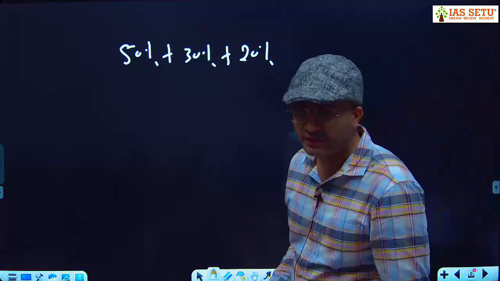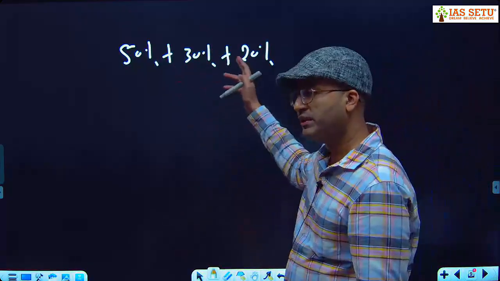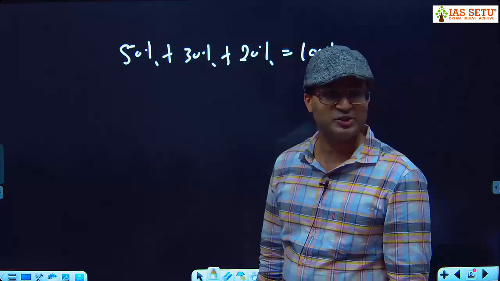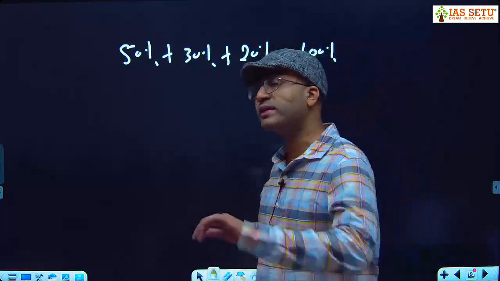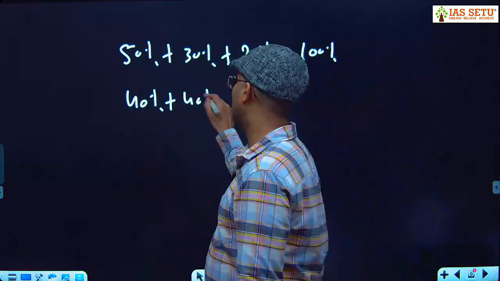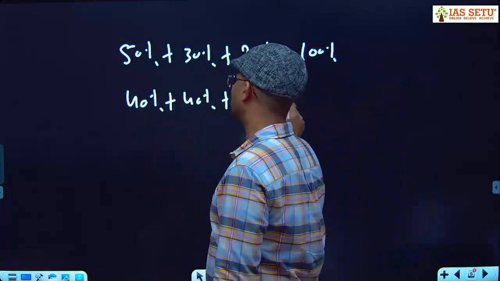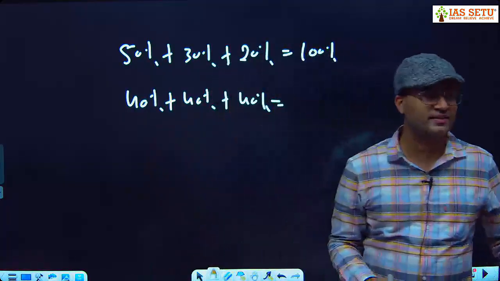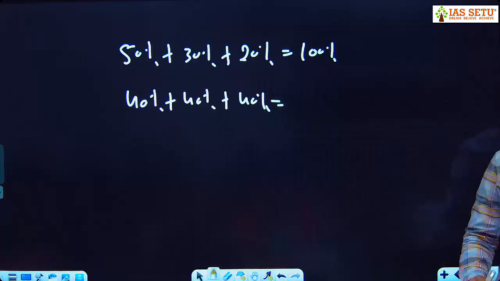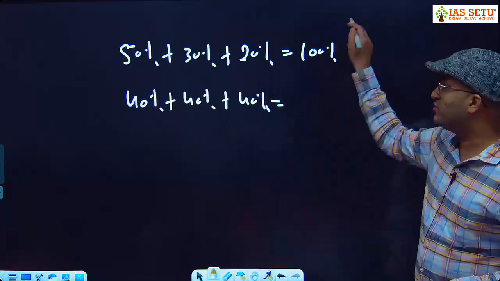You are a mathematics student, tell me 50 plus 30, 80 plus 20, 100%. Are they giving it free? Just cross check. Sometimes the height of discount is 40% plus 40% plus 40%, 120%. Are they giving something free in return saying brother, take this also? No. So this is one type of discount.